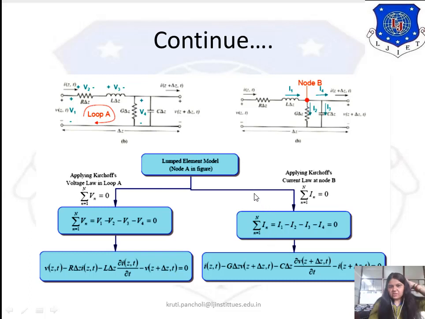Similarly, here we are writing the equation for I1, I2, I3 and I4. The current is flowing through this particular loop, i(z,t), then minus G delta z V(z plus delta z, t), minus C delta z delta V(z plus delta z, t) by delta t, and minus i(z plus delta z, t) is equal to 0.